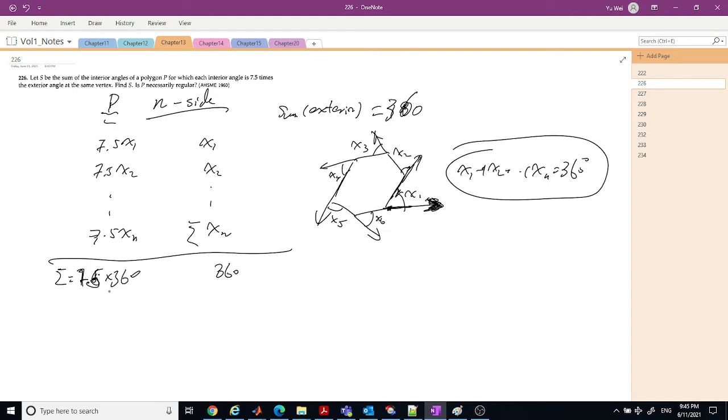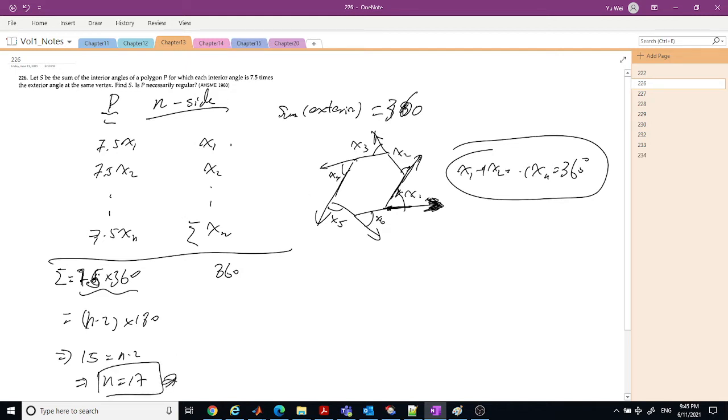And that equals the interior angle sum of the n-gon, n minus 2 times 180. So we have 15 is equal to n minus 2, so n is 17. So we have a 17-gon.